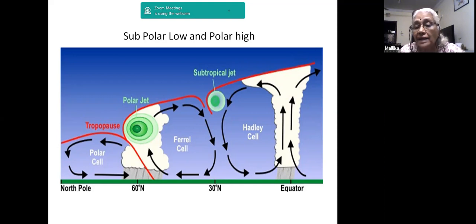Okay, so we have the Hadley cell, we have the Ferrel cell and we have the polar cell. In the order going from the equator towards north or towards the south, it's Hadley cell, Ferrel cell, and then polar cell.